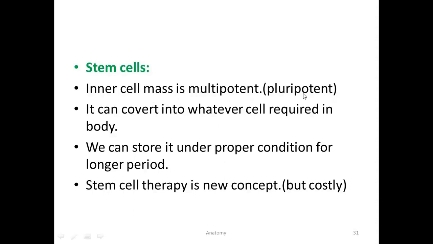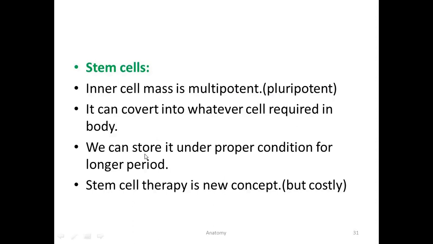They have a lot of capacity to convert into the cells required for the development of various tissues. It can convert into whatever cells the body needs, which is why it is called multipotent.